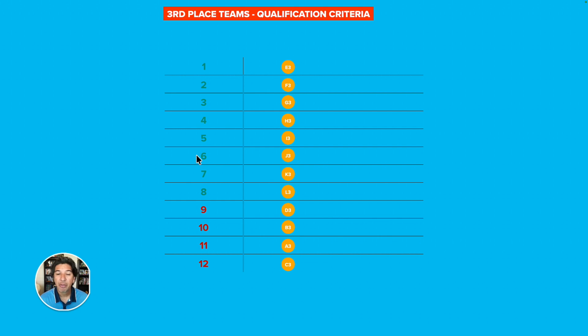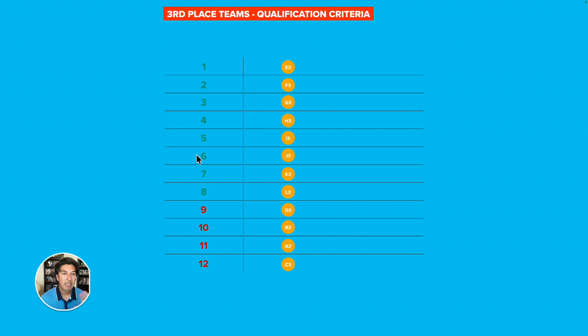If team L3 is ranked number 45 and team D3 is ranked number 51, then L3 moves on to the round of 32 and D3 goes home. And this is where your world ranking can play a crucial role in whether you move on to the next round.